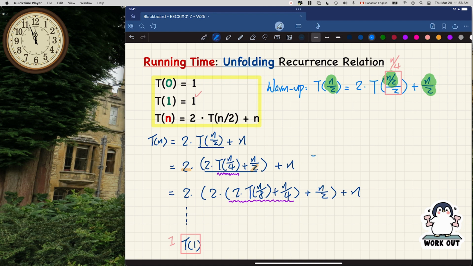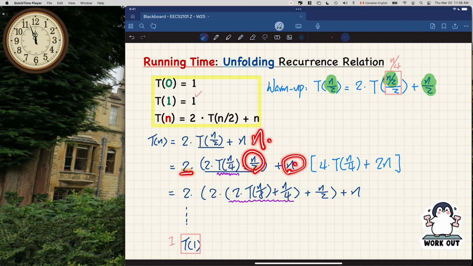This one here can be rewritten as 4 times t of n over 4 plus 2n. Why 2n? n here, and also 2 times n over 2, which will be n. n plus n. If you have any doubts, you may want to look at the math more closely. All right? So that's a nice simplification that will allow you to see the pattern much more easily.